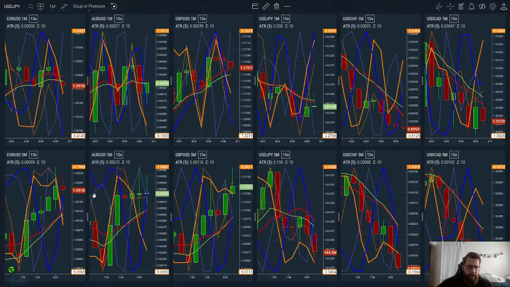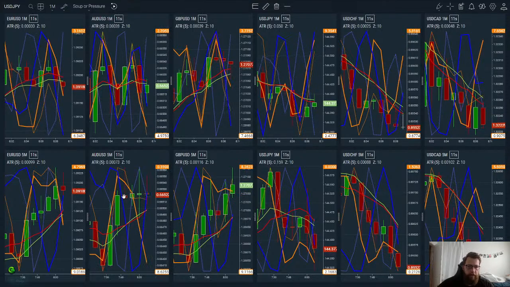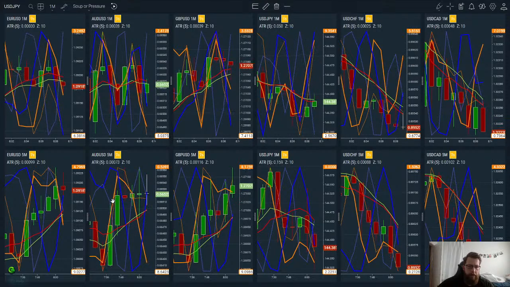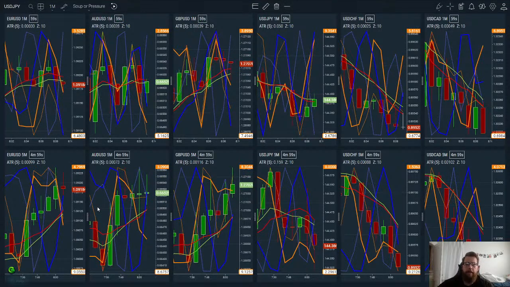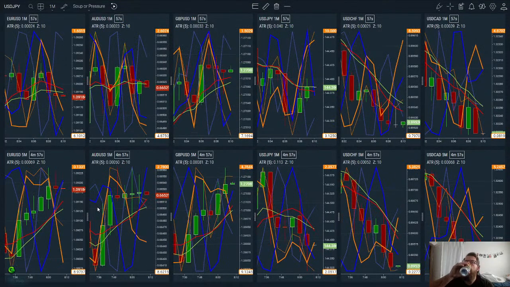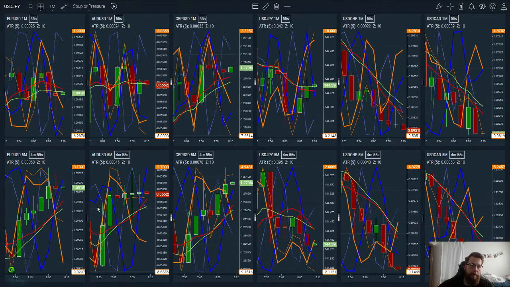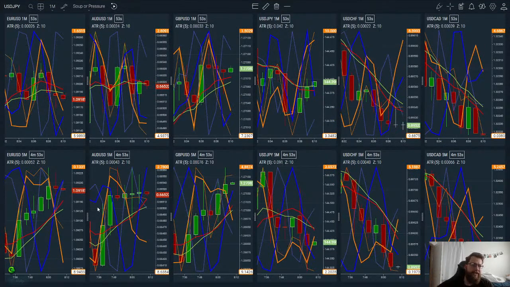Wow, that is a level right there. Seeing a possible opportunity on the euro here.